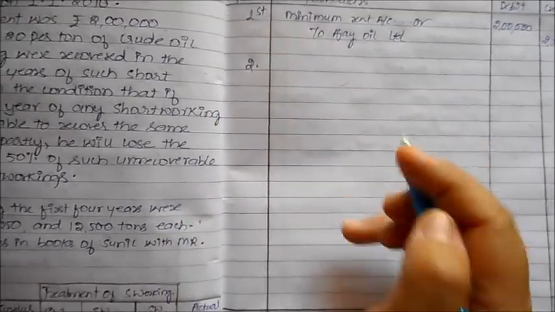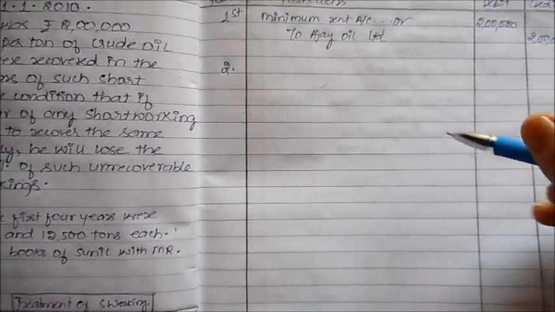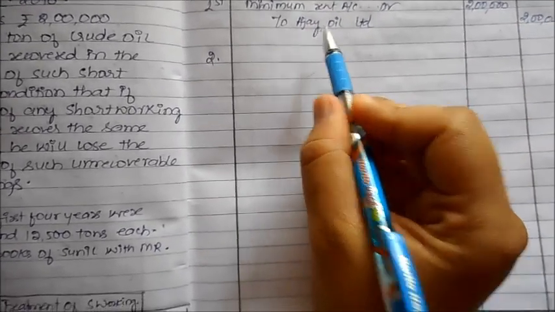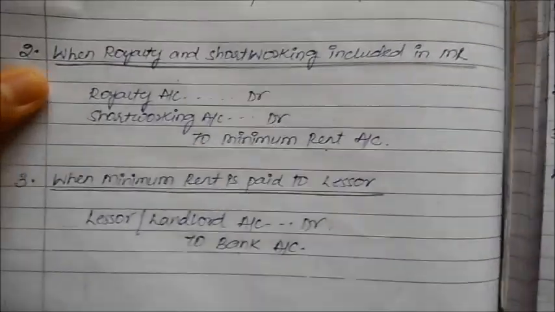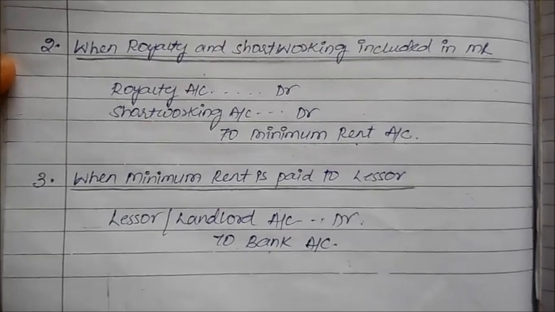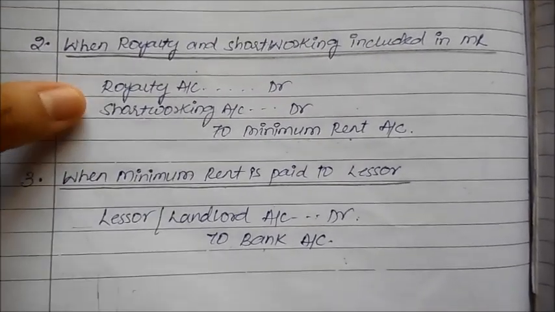Okay. Now because this particular thing includes, we should also show the difference of what all the minimum rent includes. It includes royalty and short working both put together. So the second journal entry will be here. Royalty and short working is included in the minimum rent. Okay. This journal entry we will pass.